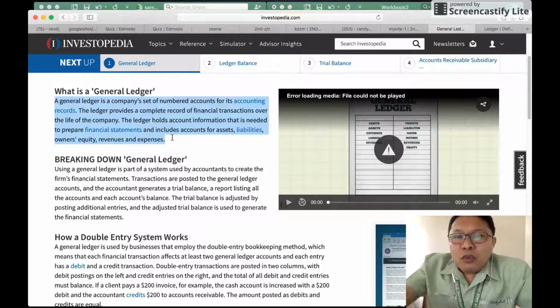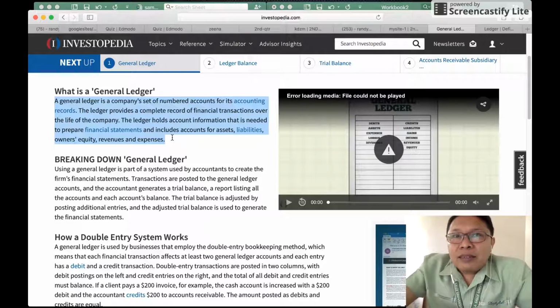In an actual business, the chart of accounts is the basis in order to prepare the ledger. So the sequence of the account titles appearing in the chart of accounts is also the sequence that we will be using when we prepare the ledger. Let's say, for example, because cash is pre-numbered as 100 in our chart of accounts, then our ledger for cash is 100.